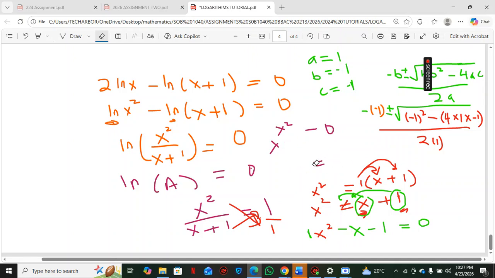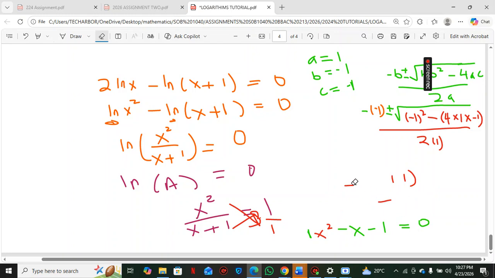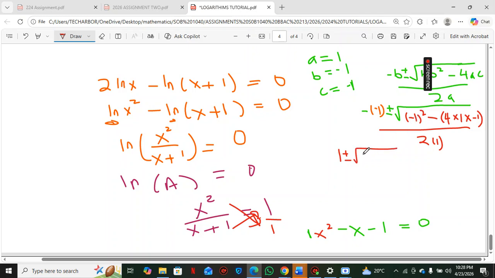Okay. So negative and negative make positive, so we have 1 plus or minus the square root of negative 1 squared, that is 1, minus 4 times 1 times negative 1, that's negative 4, over 2.